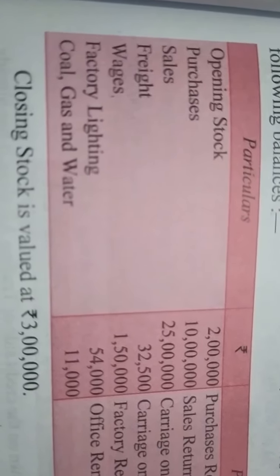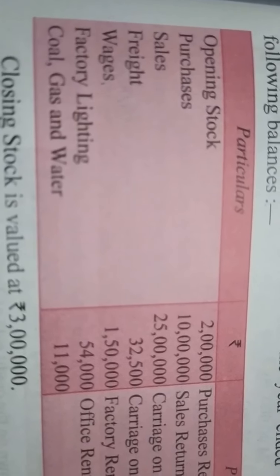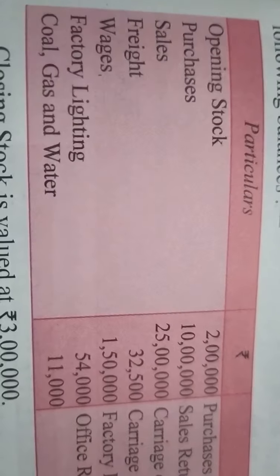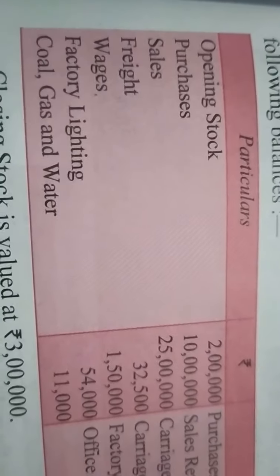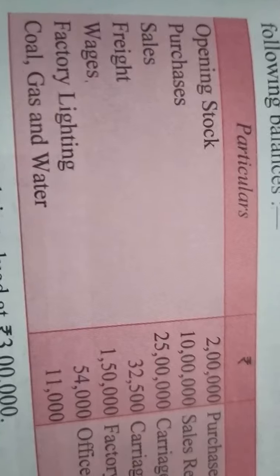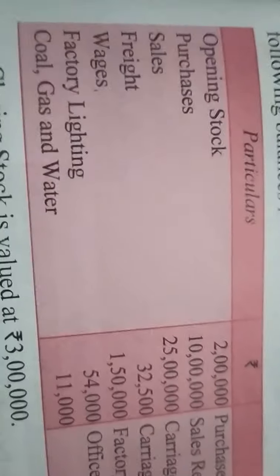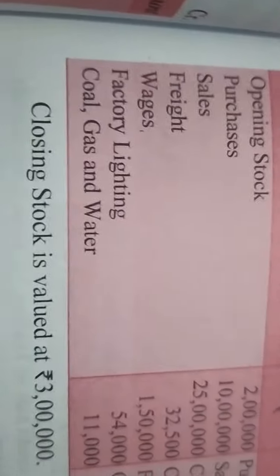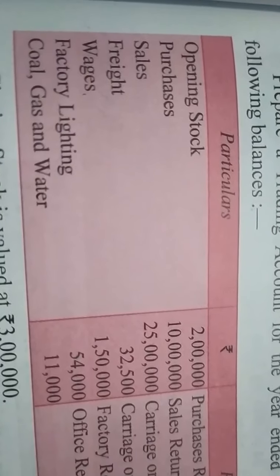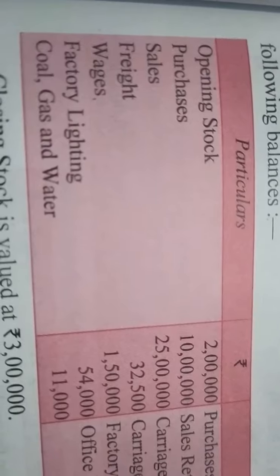Keep in mind all the direct expenses which are incurred in order to manufacture the goods are shown on the debit side of trading account. So these are the direct expenses: freight, wages, factory lighting, coal, gas and water. Direct expenses are those expenses which are incurred in order to manufacture the product.